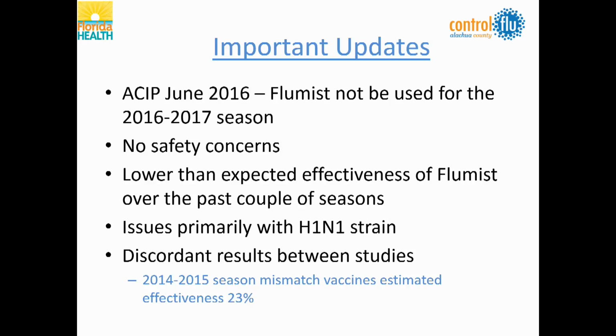The issues primarily were with the H1N1 strain. And there were some differing results from the different studies, but the CDC and the Immunization Practices Council, the ACIP, decided that it was better not to use flu mist in the U.S. for this coming season.